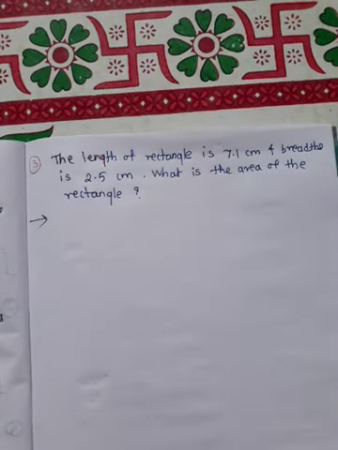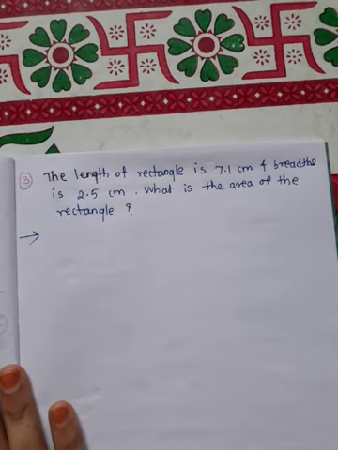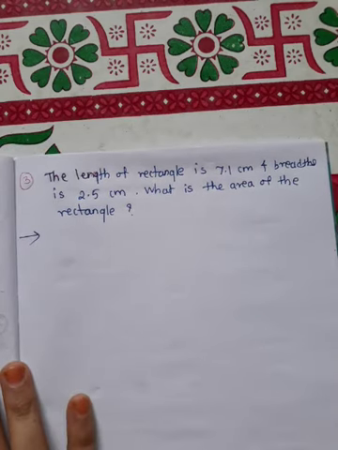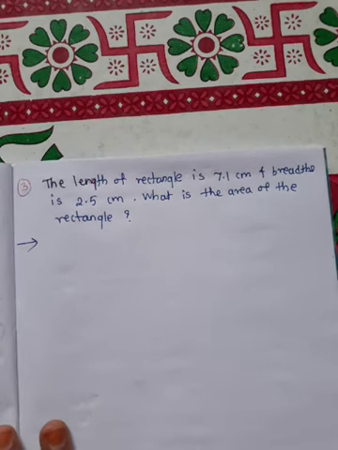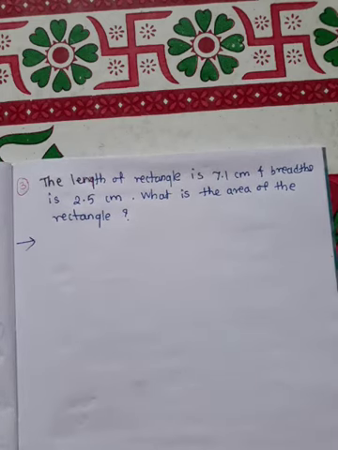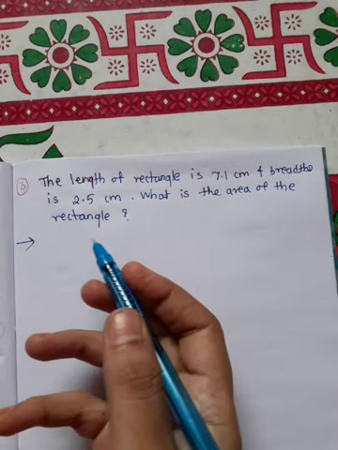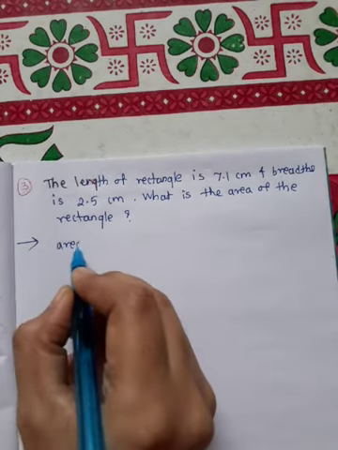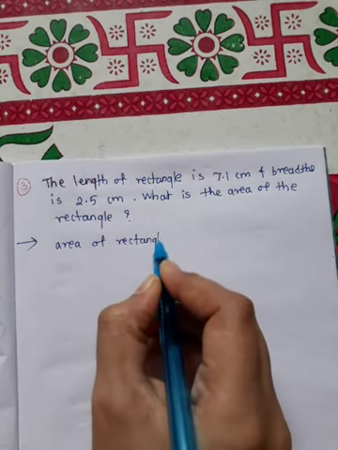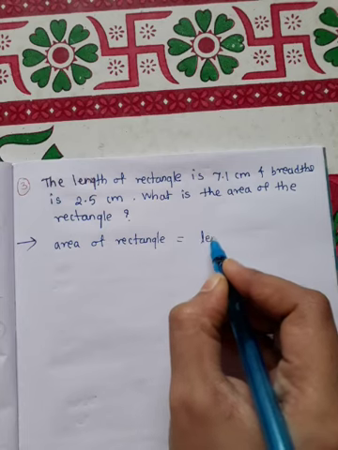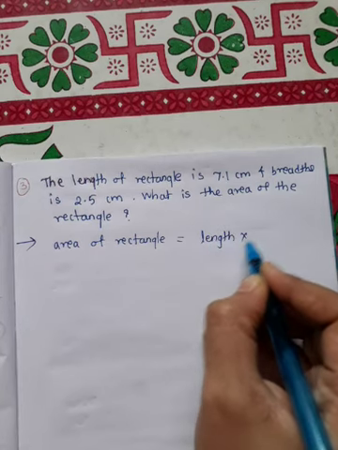Now see the third word problem. The length of a rectangle is 7.1 centimeter and the breadth is 2.5 centimeter. Then what is the area of the rectangle? Here they have given the length and breadth, and we know the formula: the area of a rectangle is length into breadth.